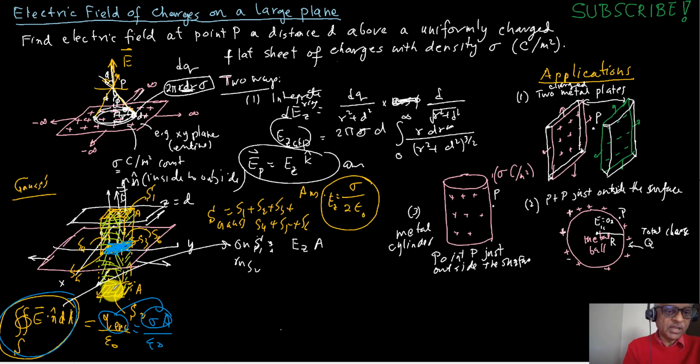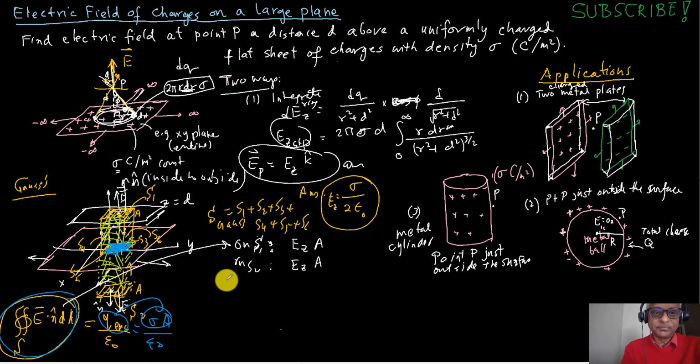On S2 down here, the normal is pointed this way, and the electric field is also pointed this way. So this is also going to be EZ times area, the same.